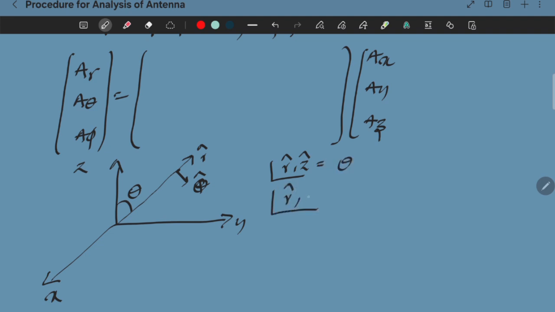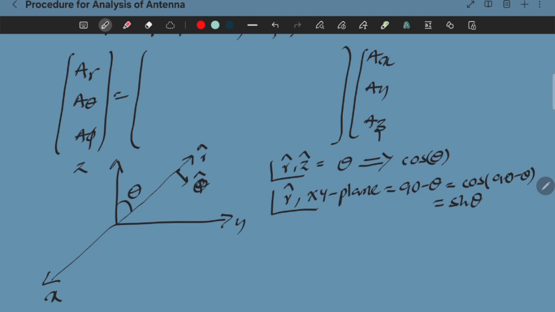Then the angle between r cap and the xy plane is 90 minus theta, because the angle between the xy plane and z axis should be 90. So by adding these two, I'll get 90. When you know the angle between two vectors, then the projection can be written very easily. That is the cosine function of that angle. So cosine of 90 minus theta is equal to sine theta.